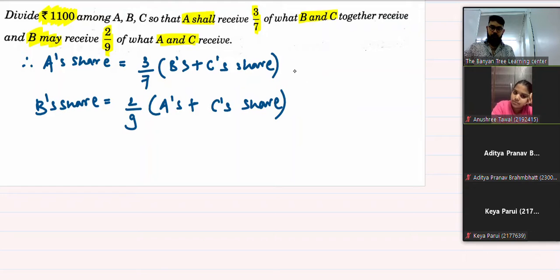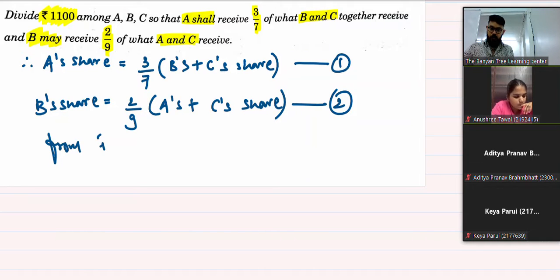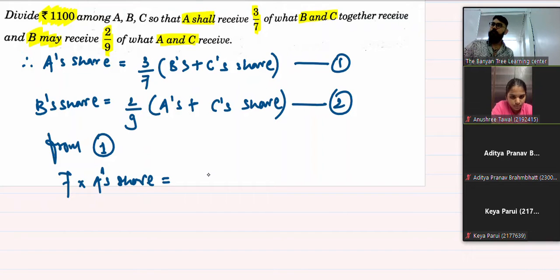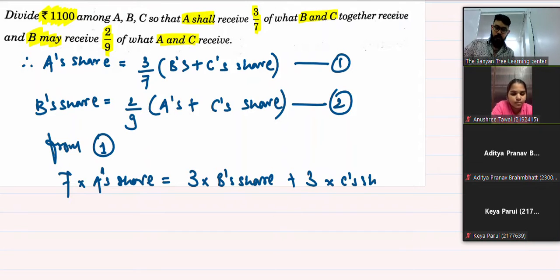From equation 1, what we can understand is 7 times A's share is equal to 3 times B's share plus 3 times C's share.